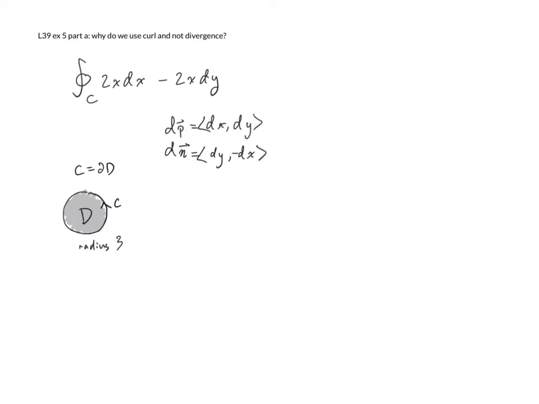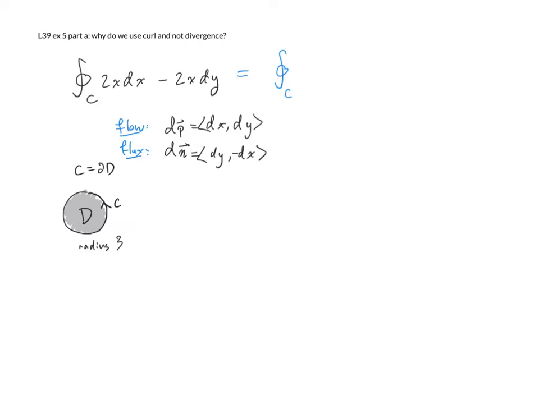And the key thing is, for flow form, you need to get a dp, which is dx comma dy, and for flux form, you need to get this dn, which is dy comma minus dx, which gives you an extra negative sign. So the way to get the flux form is to integrate, don't change here, but I need to flip my normal way of associating these two.